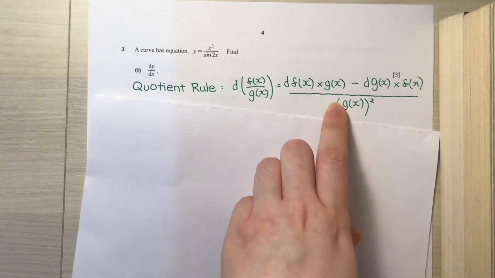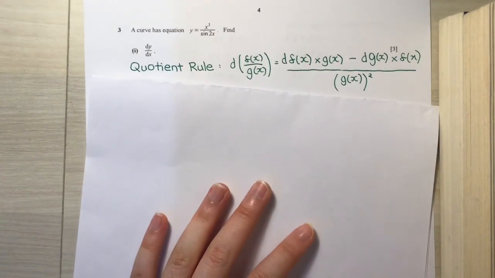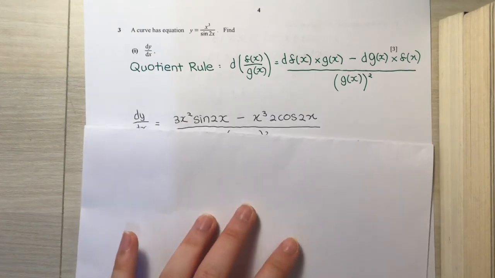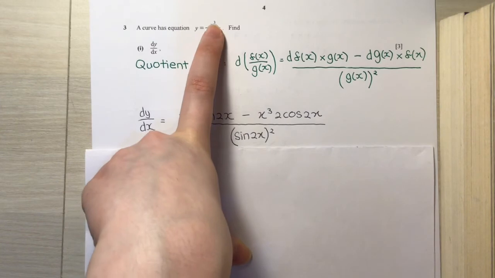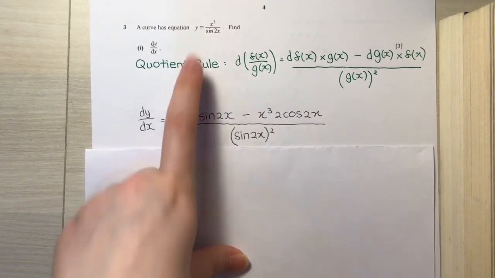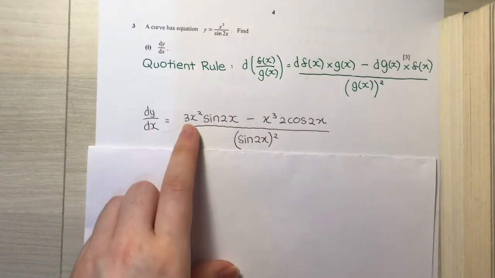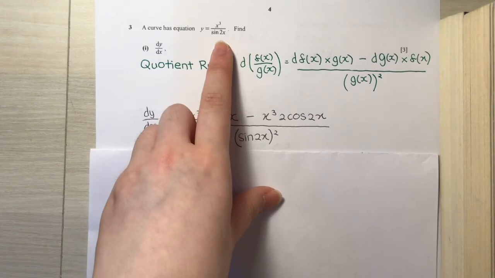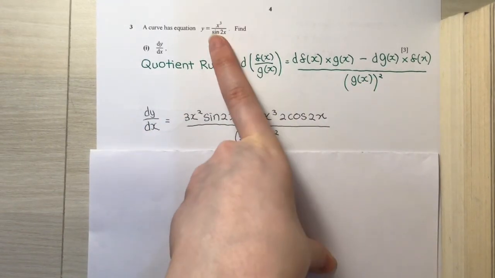And then after that, you just have to square whatever is at the bottom. You will be able to get this answer, where 3x squared is the differentiated value of x cubed. As you move the 3 down, and then you minus your power by 1, and then sine 2x is just the same, minus your original one, which is x cubed itself.